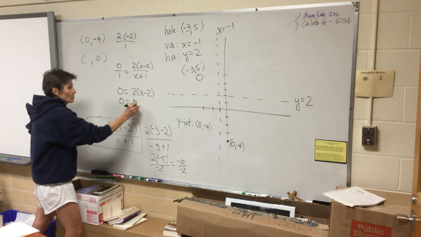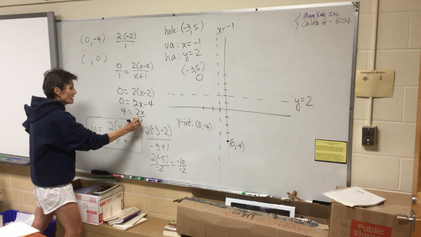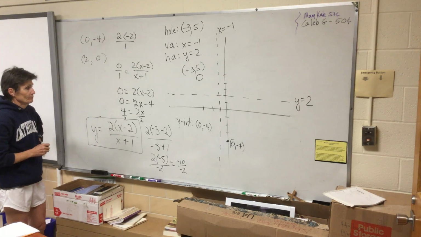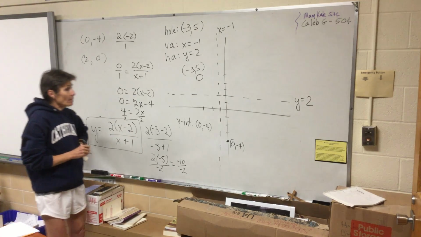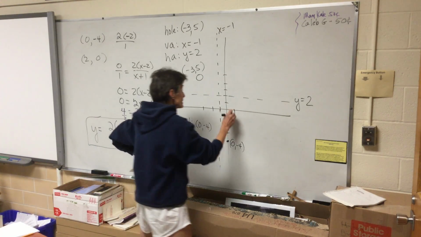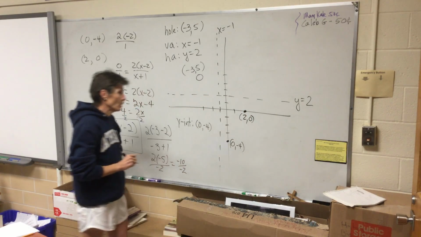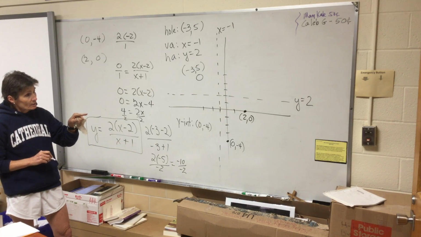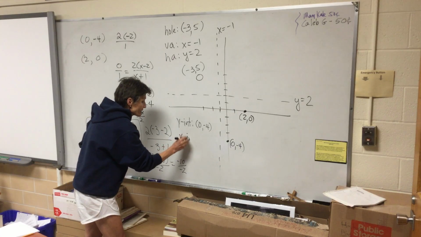So 0 equals 2x minus 4. Add 4 to both sides and divide by 2, and I get 2. Plot that point 2, 0, and notice where you put that point. You put it on the x-axis, so it is the x-intercept.